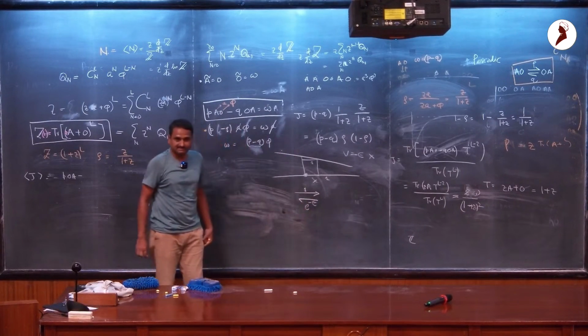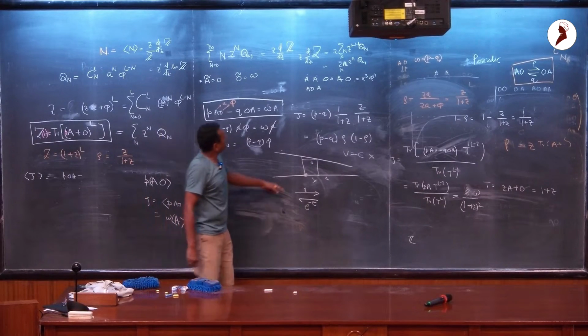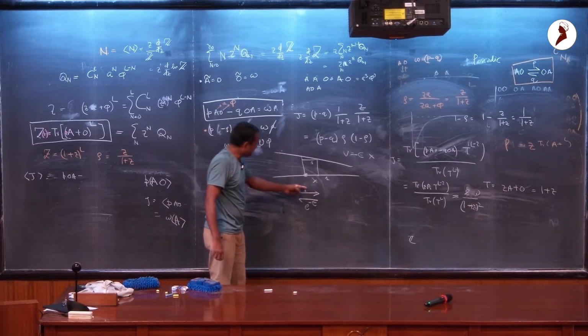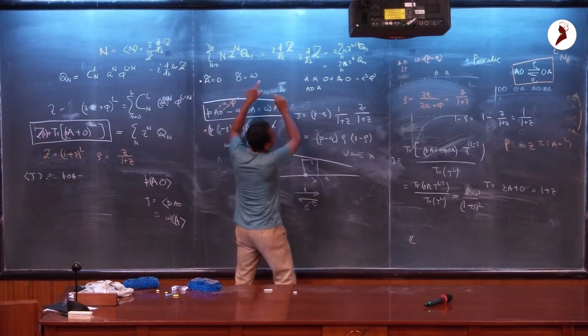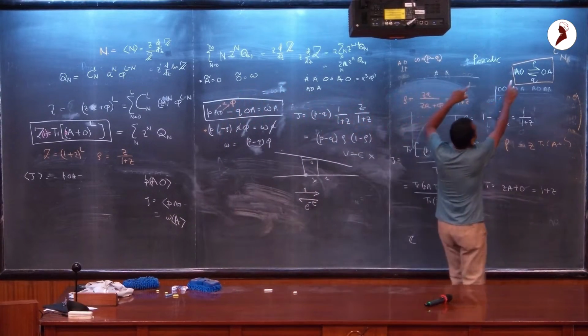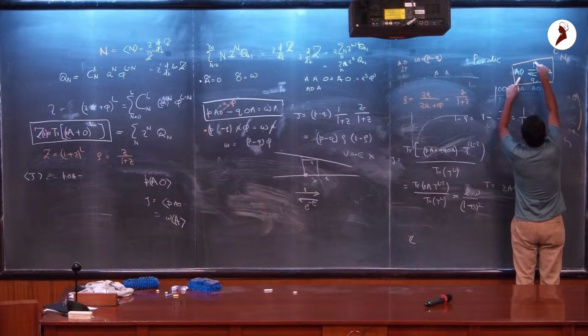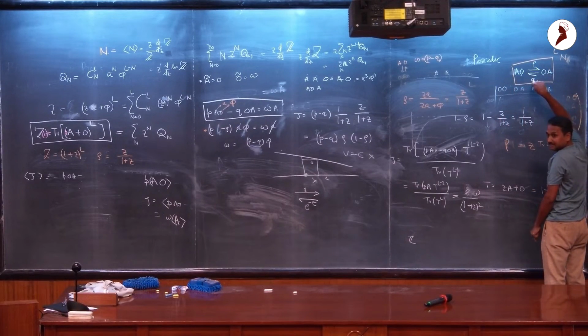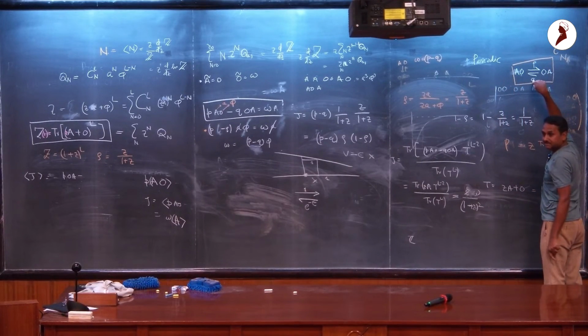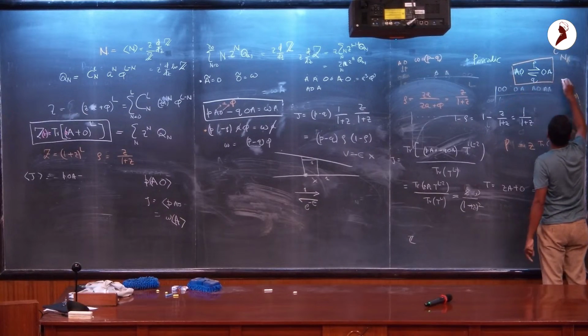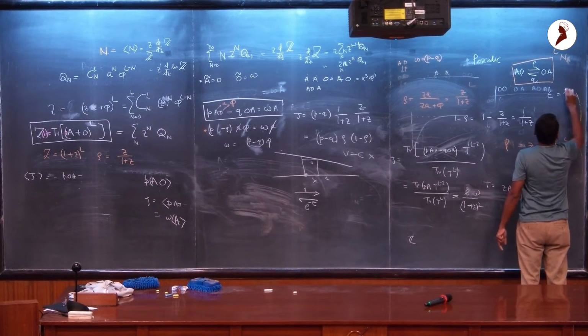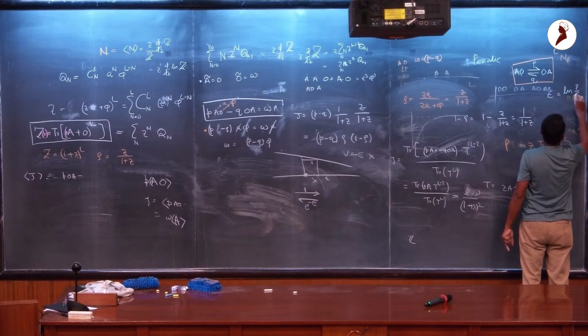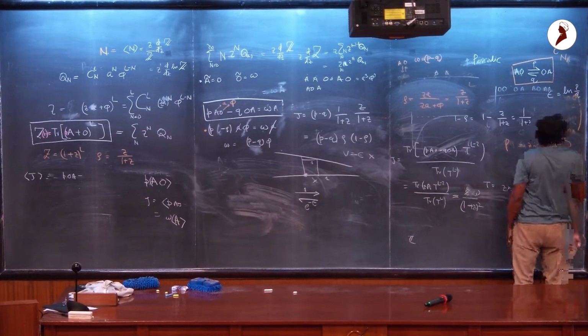That's the forward rate, right? So basically this divided by that, P divided by Q, if you have a situation like here, equal to e to the power beta epsilon. Sorry, e to the power epsilon. So epsilon equal to log of P by Q. That's your epsilon, okay?